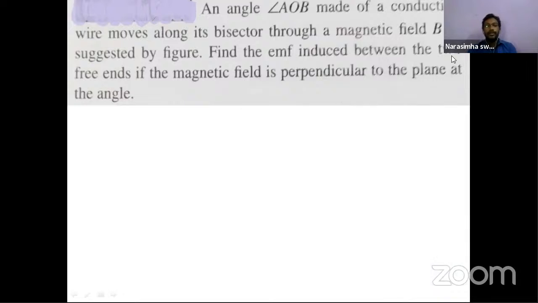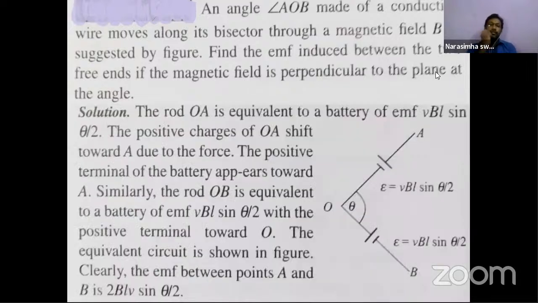Now we'll go for the solution. Observe, the rod OA is equivalent to a battery because we are making a potential difference here, of EMF vBL sin theta by 2. Observe, the whole length is given as AOB, and exactly at the center is the bisector, so the angle we consider is half.